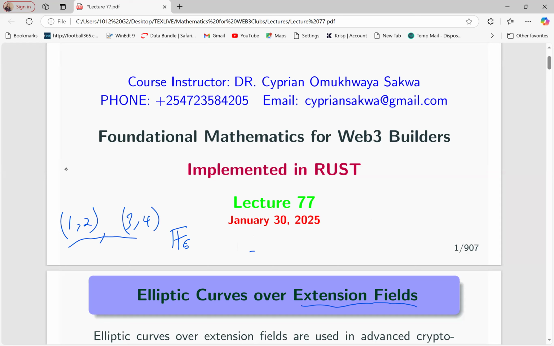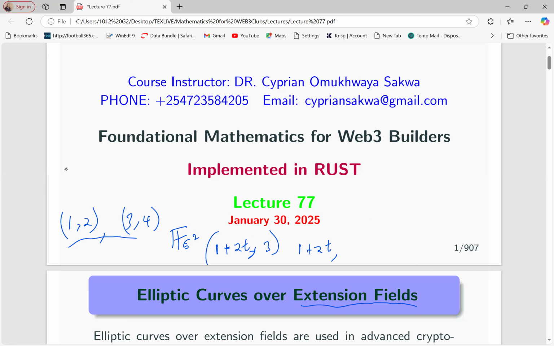You could have a point like this, 2t and then 3, for instance. You can see that the x-coordinate here is in the form of a polynomial. You could also have even the y-coordinate being in the form of a polynomial, and so on.